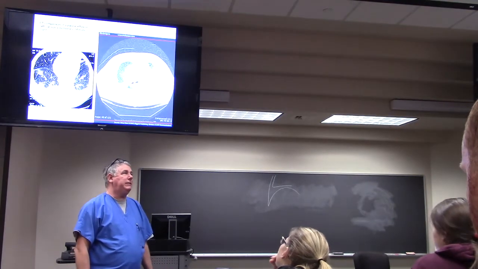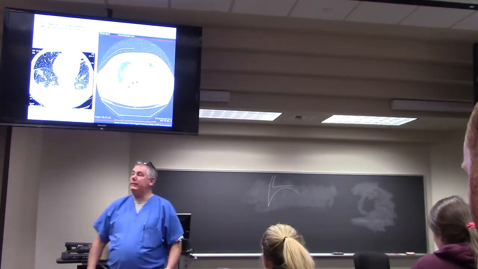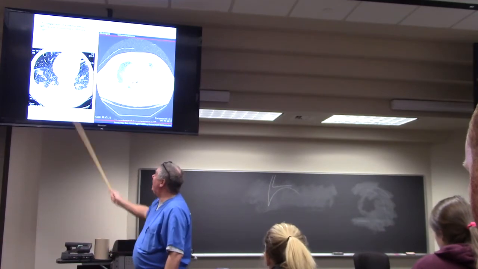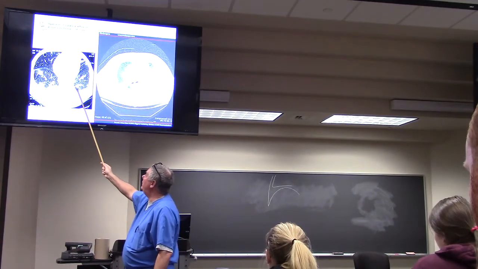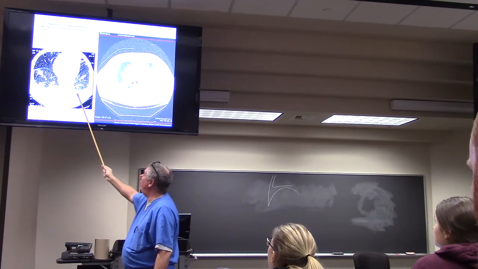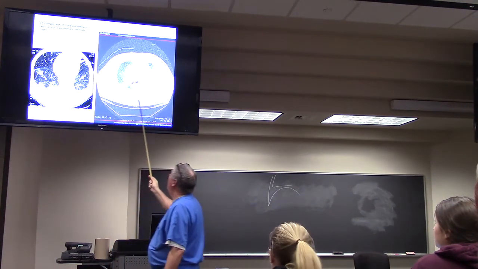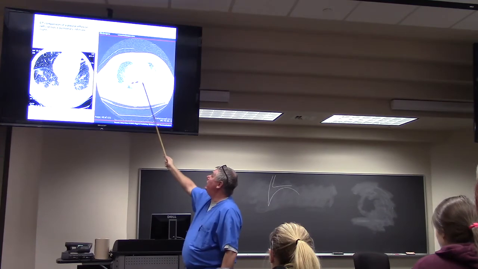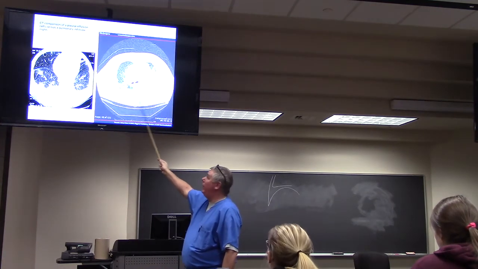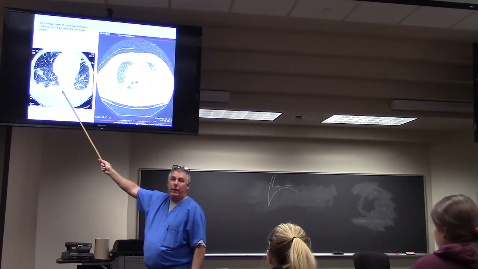You can also get a CT. In this example of the CT on this side over here, you can see the lung tissue and the fluid accumulated outside of it. Over here, the fluid is within the lung tissue. So that is a pleural effusion.